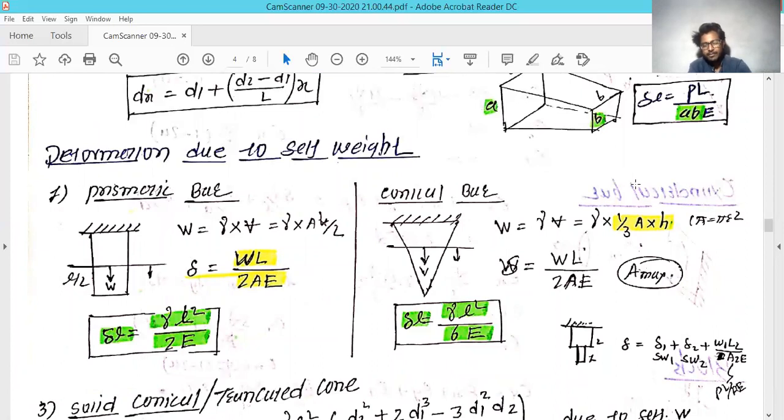Now we move to another section, which shows the deformation due to self weight. This happens most of the time when you hang some body; due to that body, it has its own weight and gets deformed.